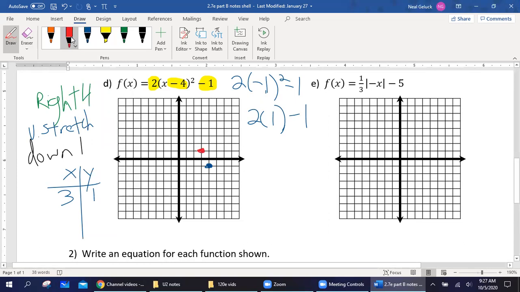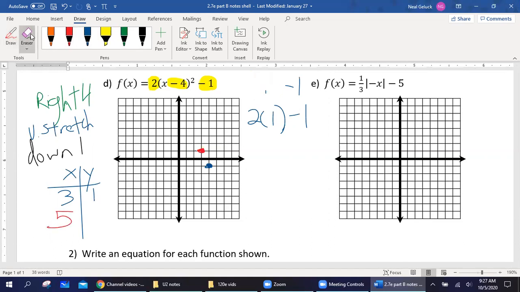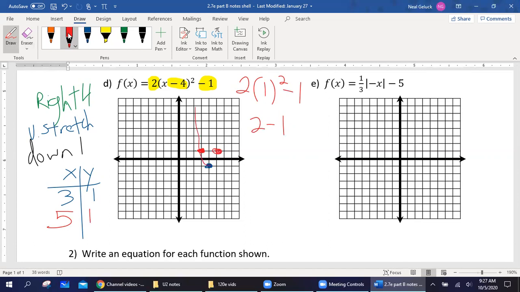And then I want to pick something on the other side of my vertex here. So if I pick 5, if I plug 5 into my function, it's going to give me 2 times 1 squared minus 1, which will give me 2 minus 1, which will also give me 1. And so I get the parabola, but it's been stretched out. It's a little skinnier than normal.